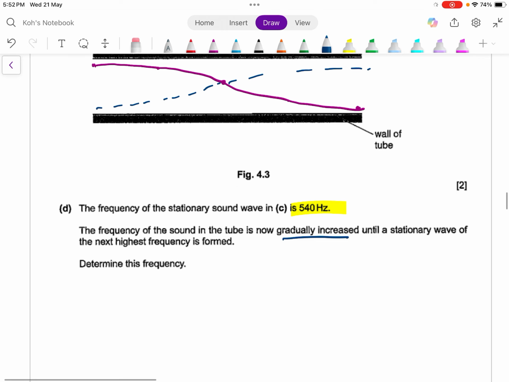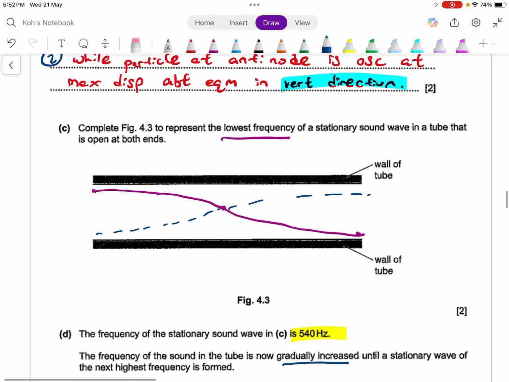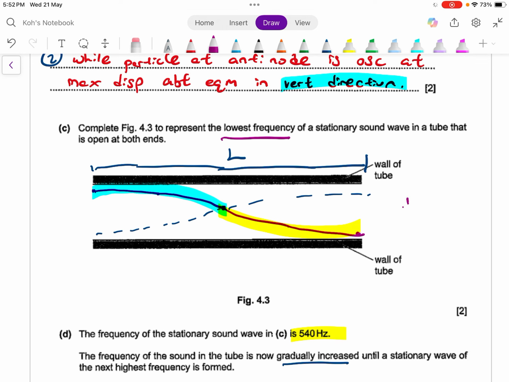To do this question, we first let the tube have a length of, let's just say, L. Just by looking at this stationary wave, you can see that this is 1/4 of a wavelength, and this is another 1/4 of a wavelength. This means that the wavelength inside this open tube is half a wavelength. So half a wavelength represents your L, which means that your wavelength in terms of L is 2L. So this is the wavelength of the first stationary wave.